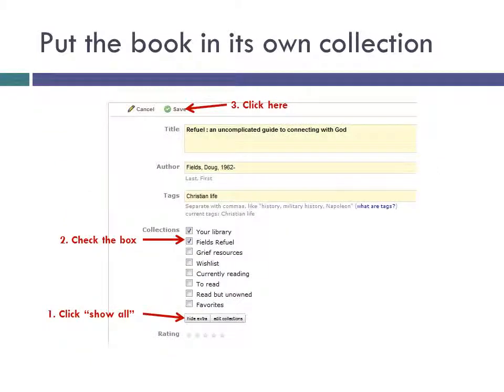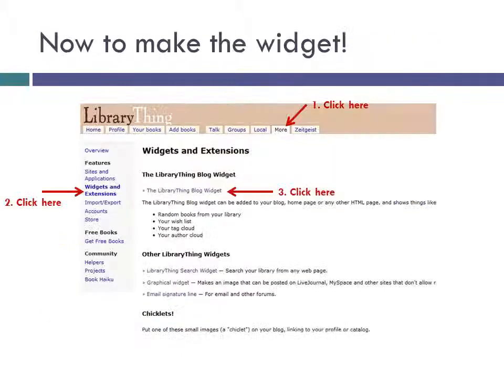Now on the book editing page under Collections, click Show All to see all the collections. Check the box for the new collection. Be sure to leave your library checked as well so the book shows up in your library collection. Then click Save. You should see that the book is now in both collections.